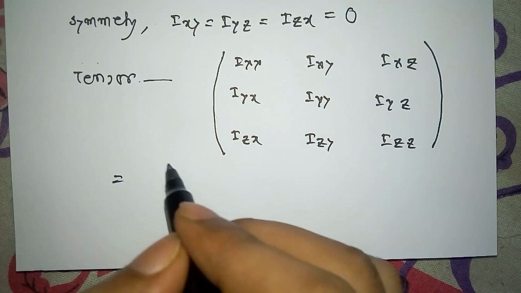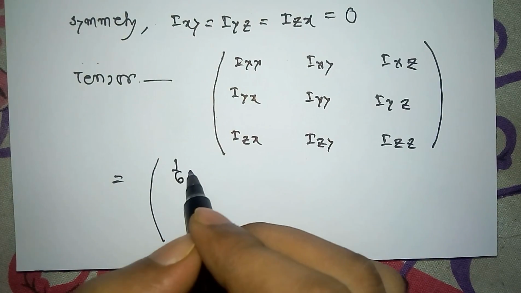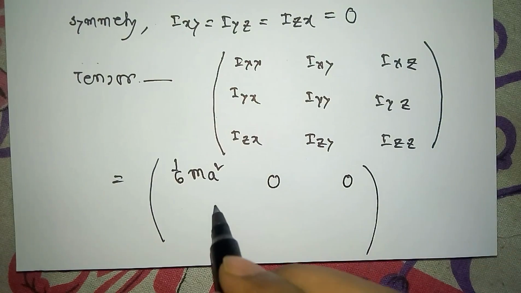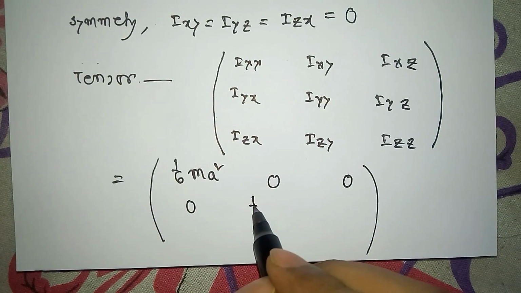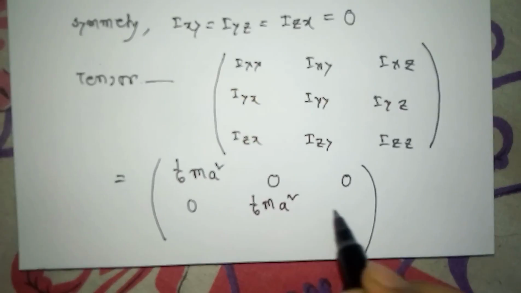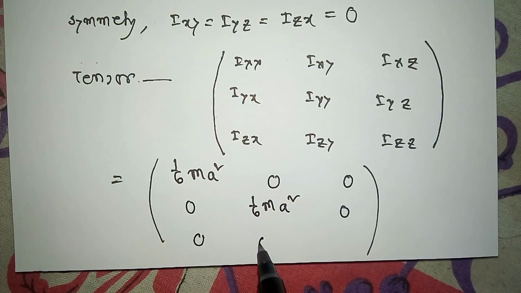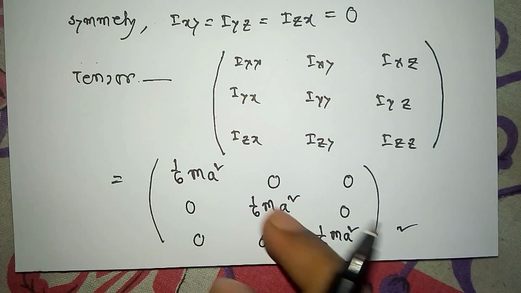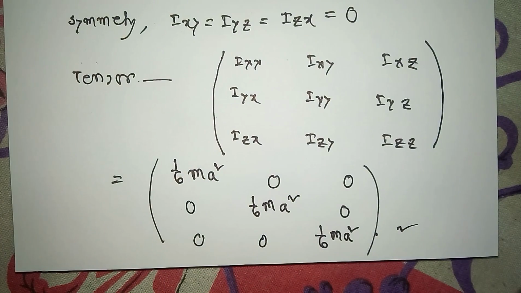This equals 1/6 m a square, 0, 0; 0, 1/6 m a square, 0; 0, 0, 1/6 m a square. This is the moment of inertia tensor of the cube, and this is the moment of inertia by taking the origin at the center.